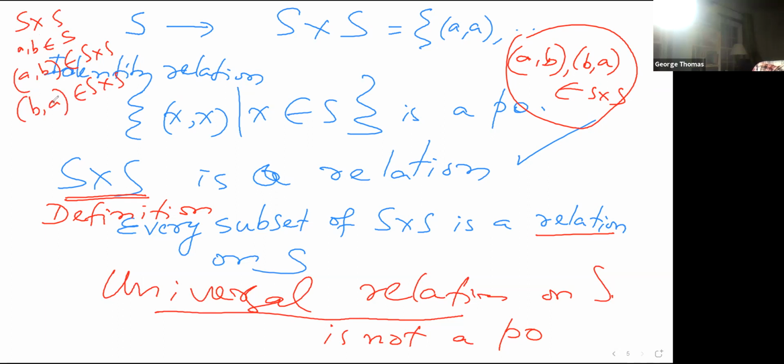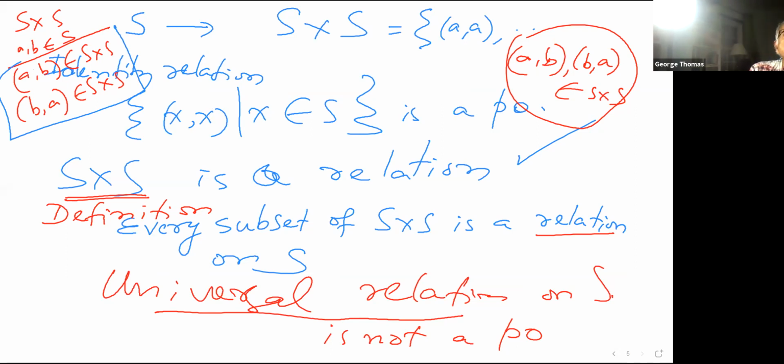So we cannot have anti-symmetry if we use this. The universal relation is not anti-symmetric. Do you see that? Therefore, universal relation is not a partial order.